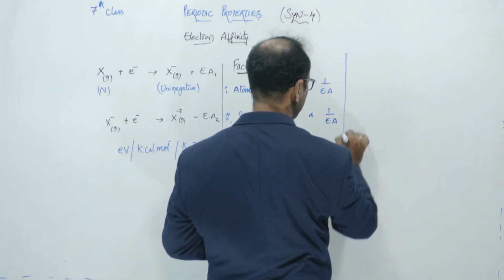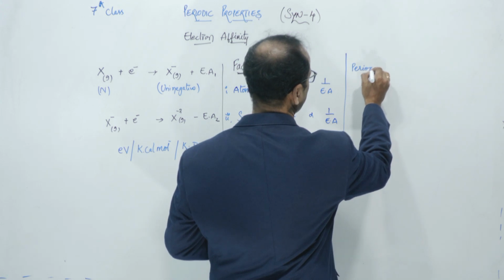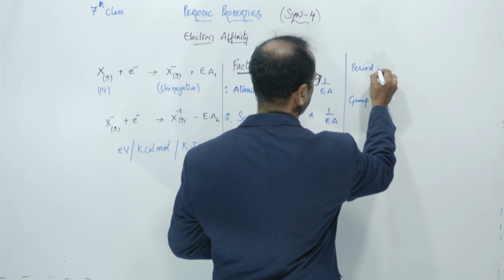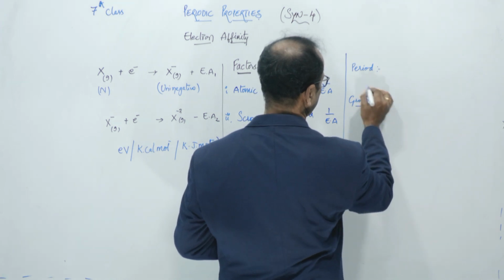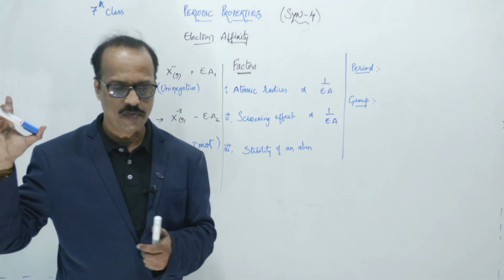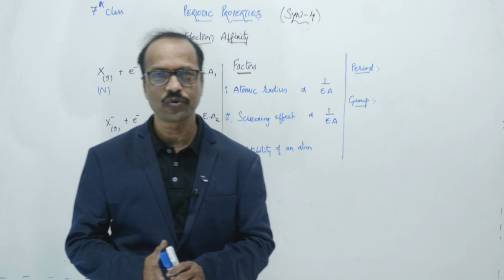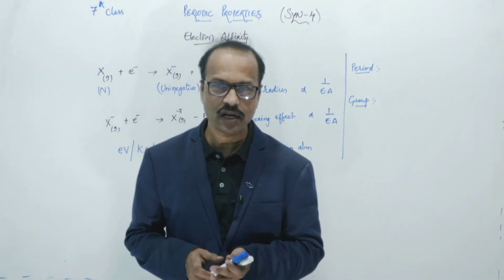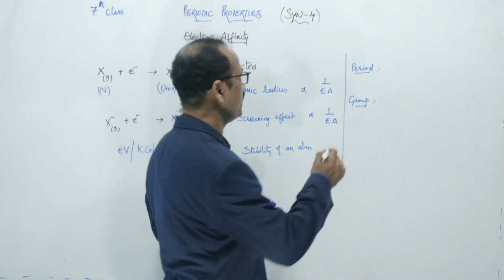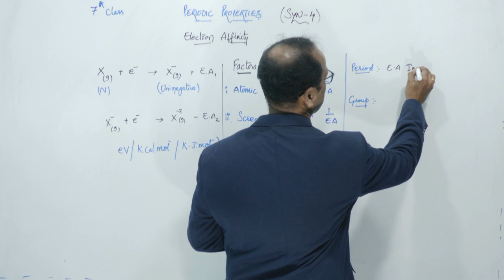So how does it change in a period and in a group? As we move from left to right in a period, electron affinity (EA) increases.